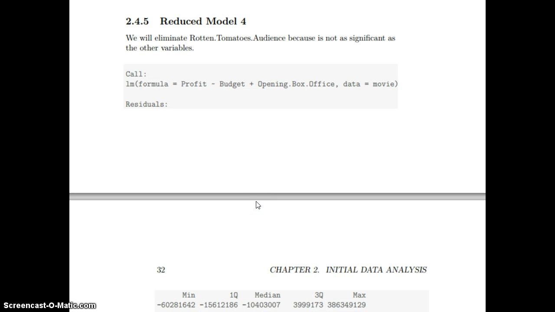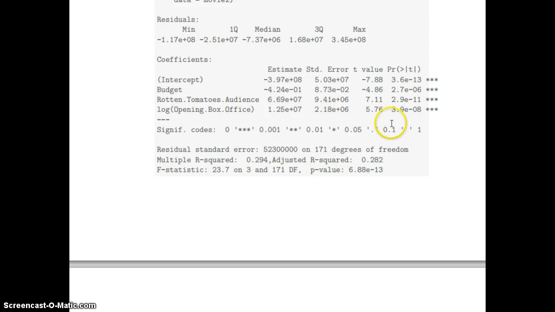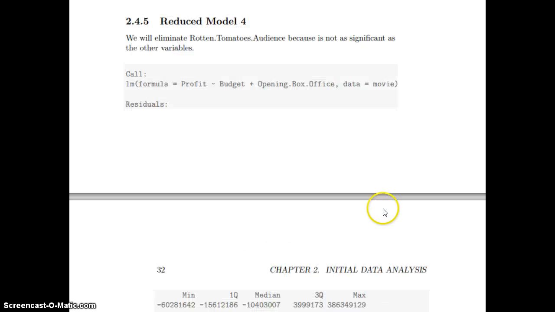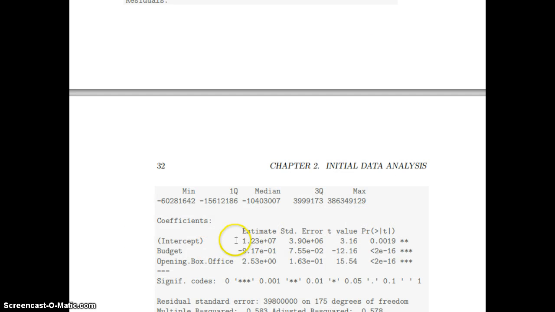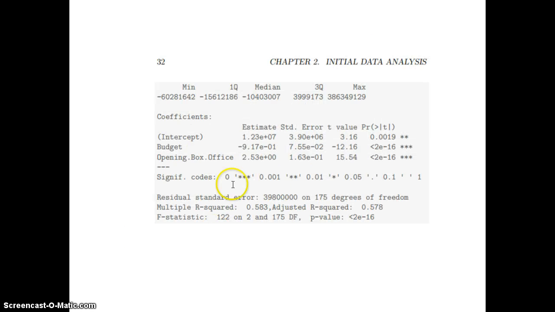In the next model, I take off the least significant variable, and my last model only takes into account budget and opening box office. And we see that this model has 2 variables, but now has an r squared of 0.5, which is significantly higher than 0.2, even though we took away another variable.